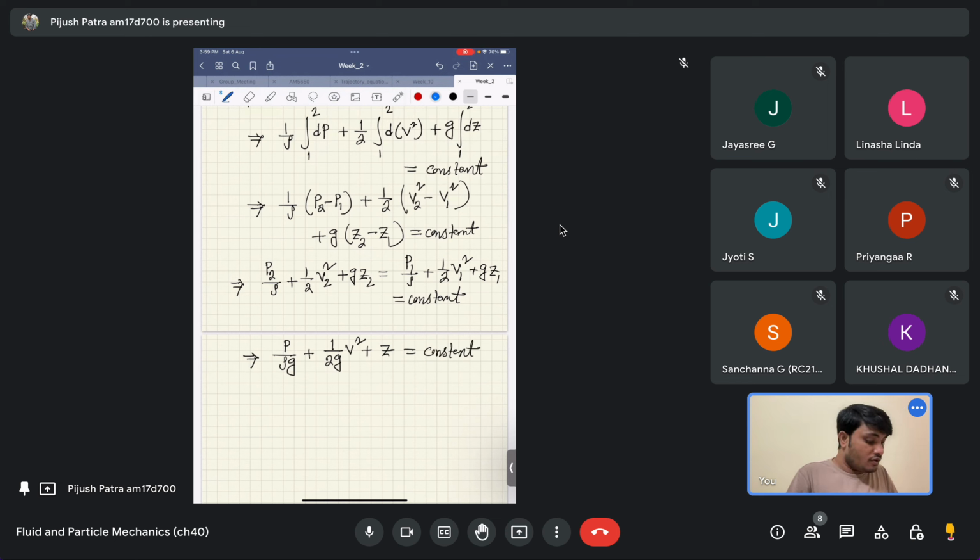This term is called the pressure head. This is called the velocity head. And this is called the potential energy head or the potential head.